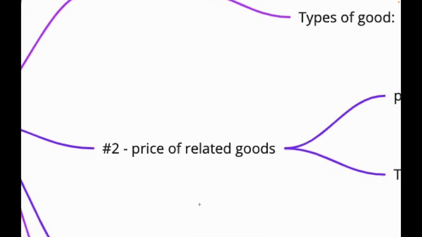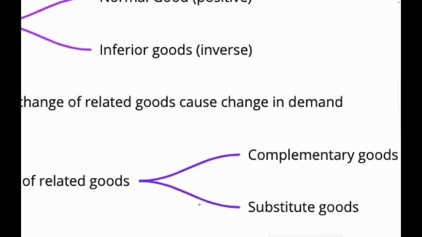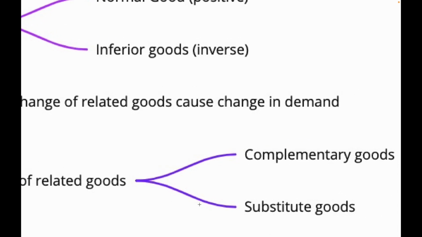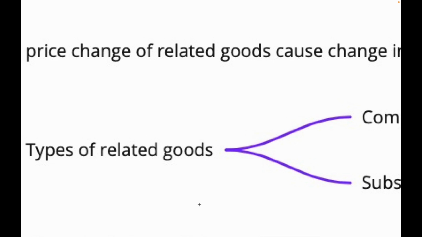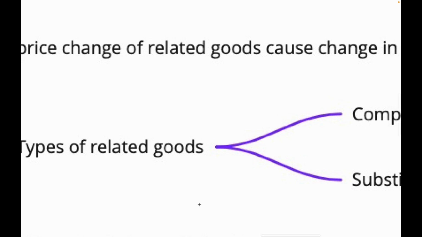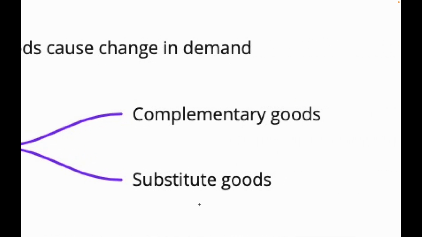Let's look at the second non-price determinant, price of related goods. A price change of related goods causes a change in demand. Related goods means any goods that can relate in some way to the good that we're referring to. And here are two types of related goods. First, complementary goods. They refer to examples such as a printer with ink.